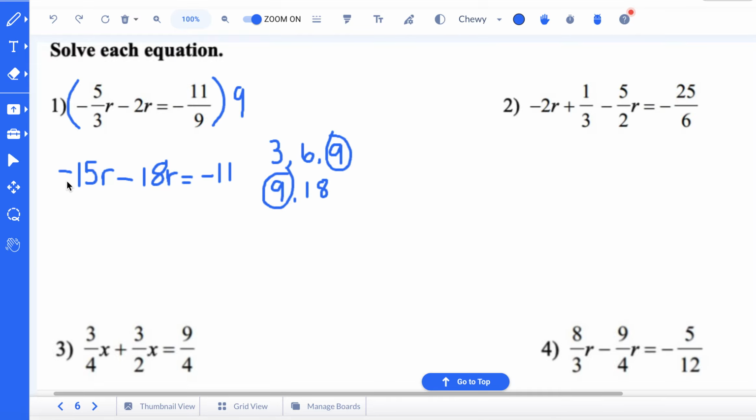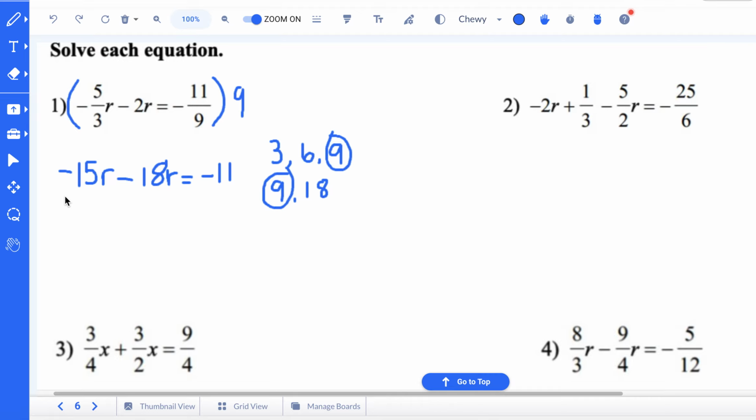So now we are going to combine like terms, and we have negative 15r minus 18r. Those are like terms because they both have a variable. So you have negative 15, and then you're going to subtract 18.